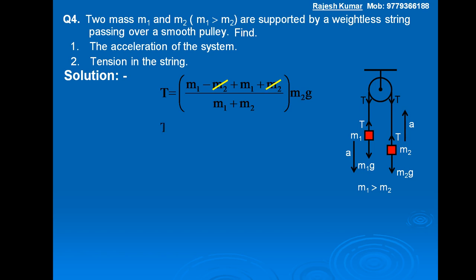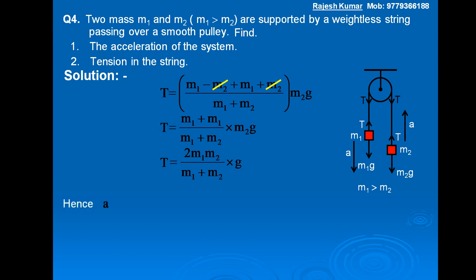Therefore, we get capital T is equal to M1 plus M1 becomes 2M1, upon M1 plus M2 into M2G, or capital T is equal to 2M1M2 upon M1 plus M2 into G, acceleration due to gravity. So this is the tension in the string.